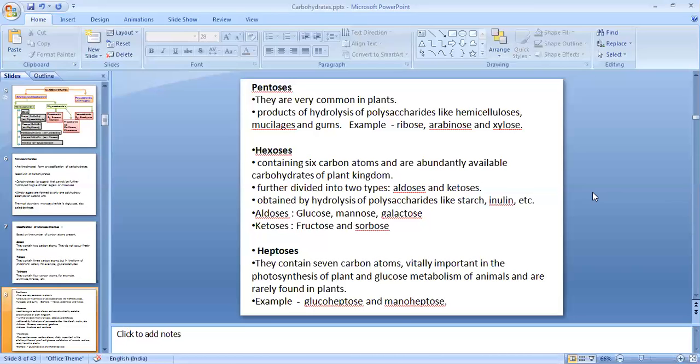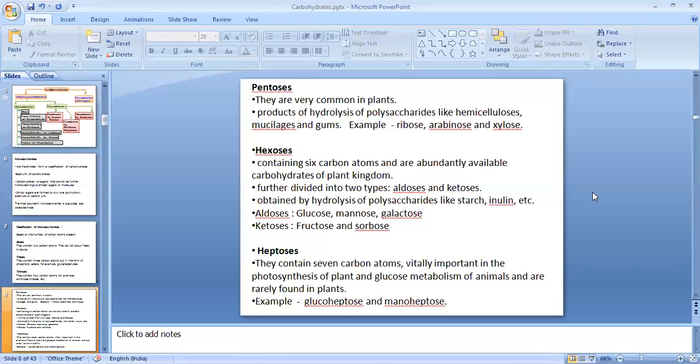And again, the polysaccharides may be further classified into homopolysaccharide and heteropolysaccharide. I'll come to that a little later. And next are the heptoses, which contain 7 carbon atoms.